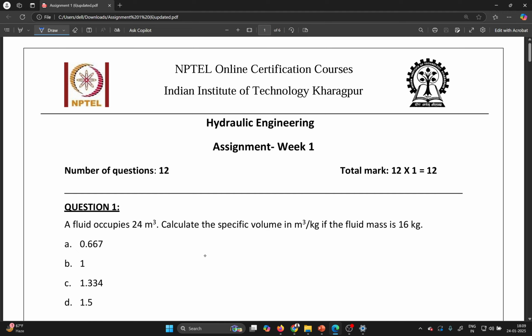Here in the question, the volume is given already. Volume is 24 meter cube, and you need to calculate the specific volume. If you don't know the formula, the units are given, so you can easily identify it. Volume means meter cube and kg means mass. So here the specific volume is nothing but volume divided by mass, that is 24 divided by 16.